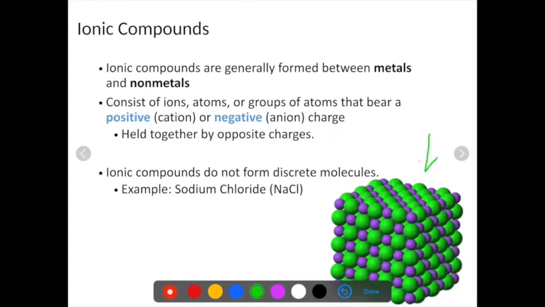Instead of like water, which was a discrete molecule like this, ionic compounds look like this lattice. They have all these ions just kind of bunched up together. So this is sodium chloride. Sodium is a metal, chlorine is a nonmetal, and they're just all bunched up together in this lattice. So they look different than the covalent compounds.